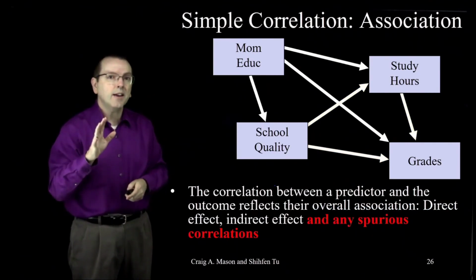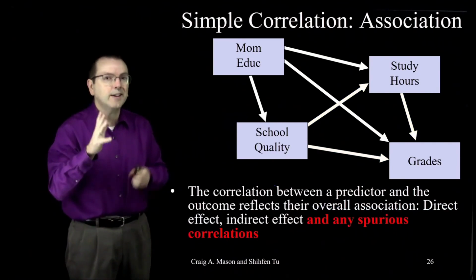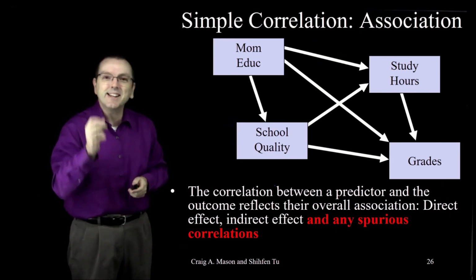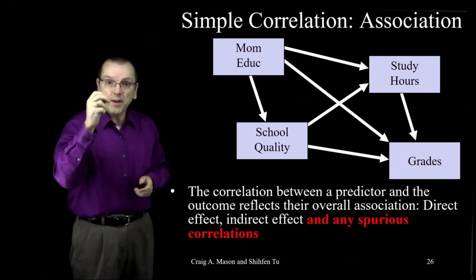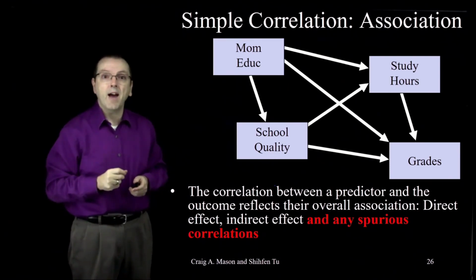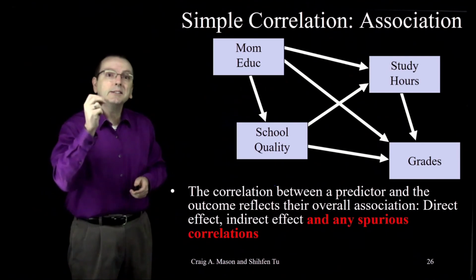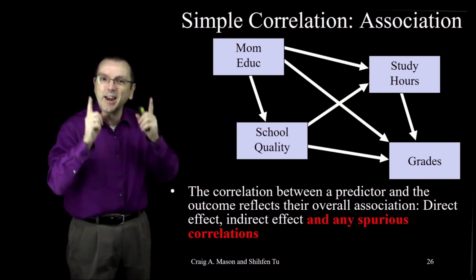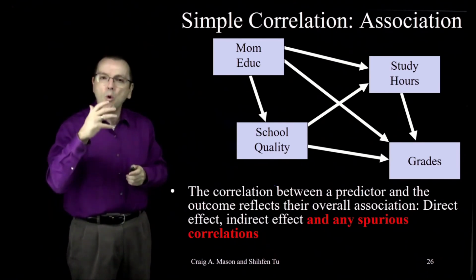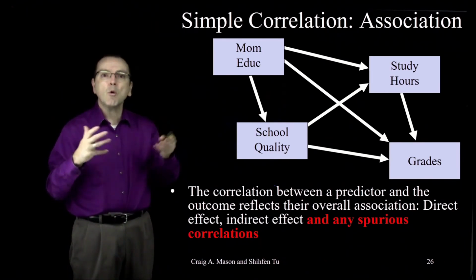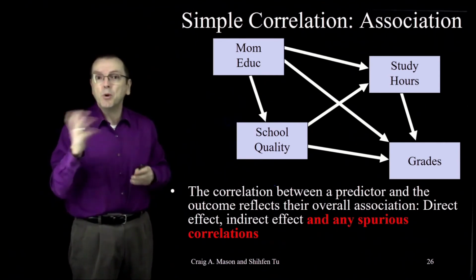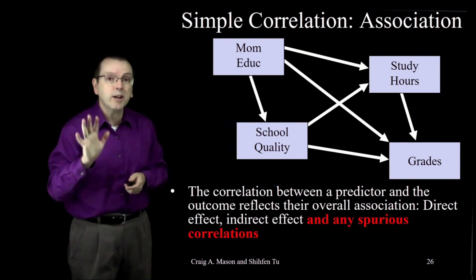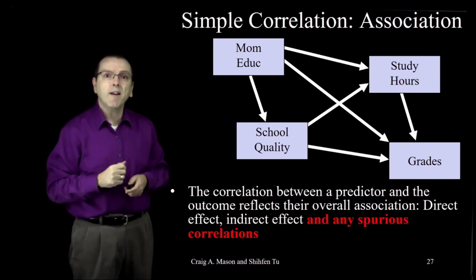Now, to understand exactly what the total effect is, it's important to distinguish the variable's total effect on the outcome versus a variable's simple correlation with the outcome. They're not the same thing. The correlation reflects the overall association between a predictor and the outcome, including any spurious effects due to preceding variables.